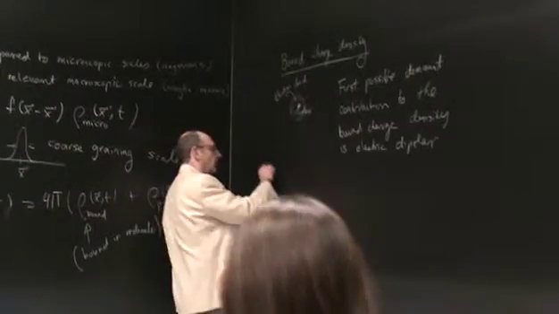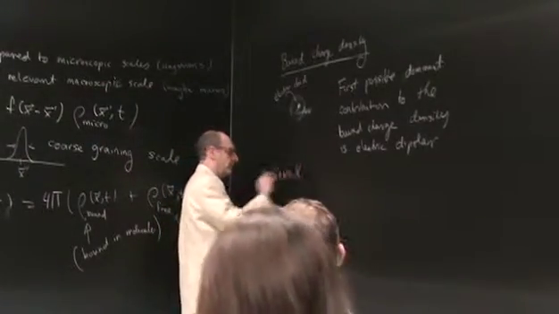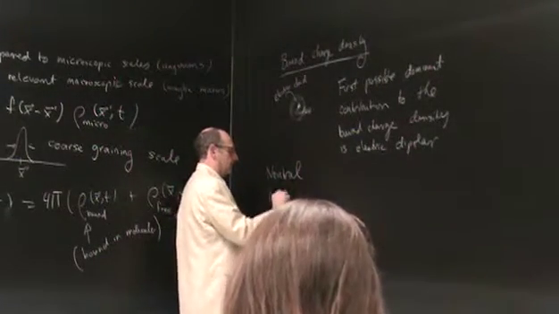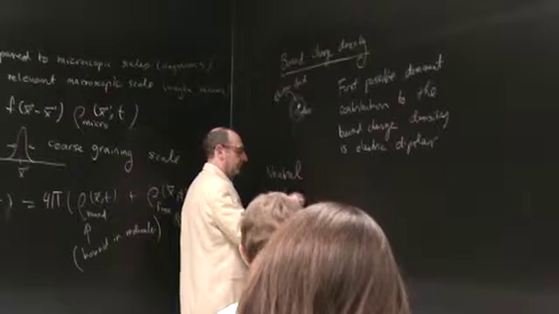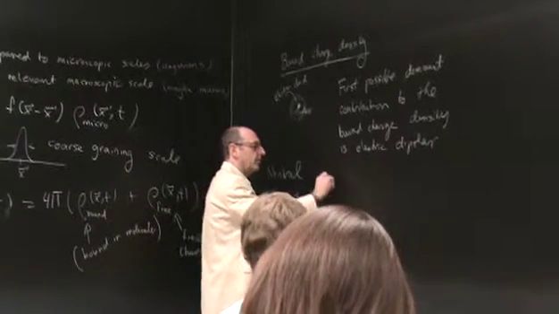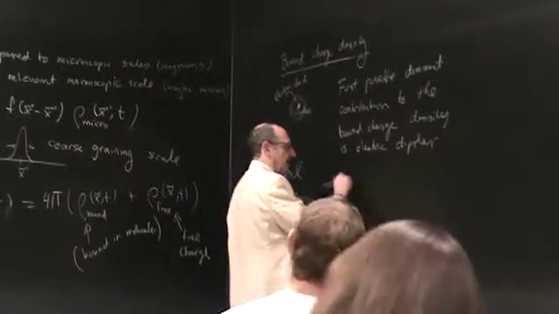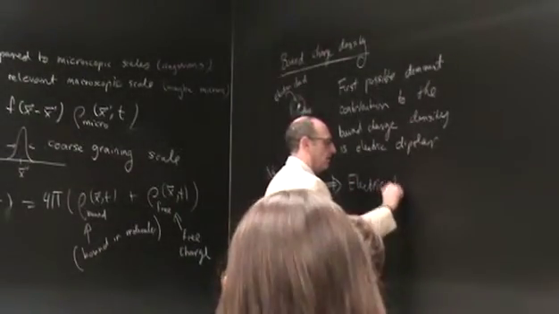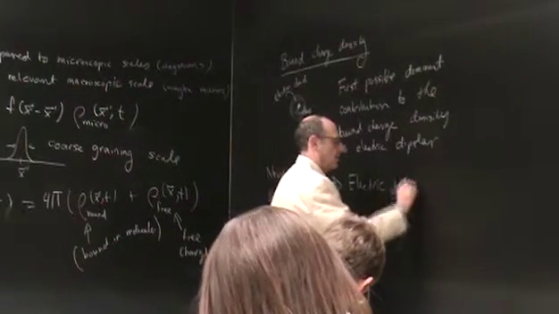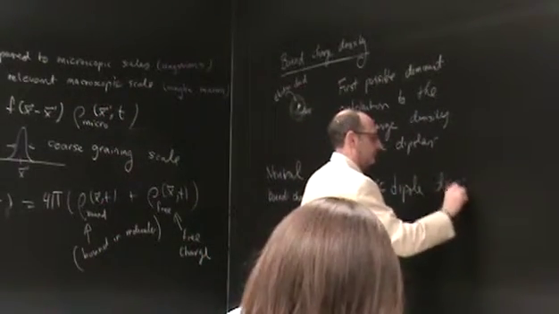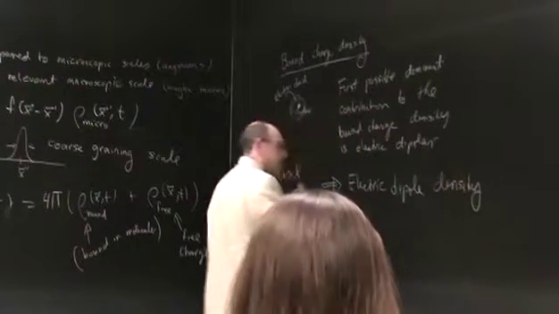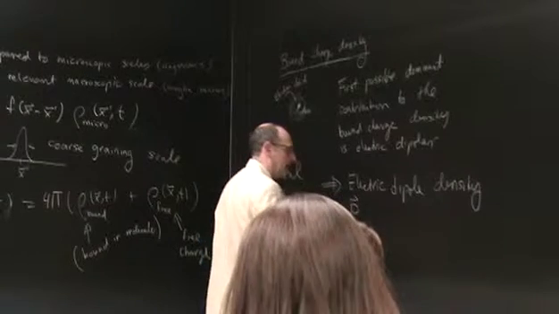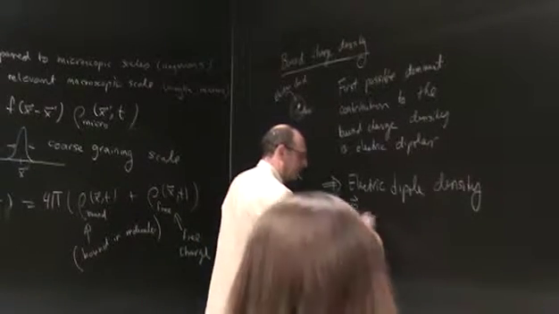I'll emphasize that point, because Jacob makes a good point: for neutral bound charges, we deal with what we call the electric dipole density, which we call capital P as a function of position and time.